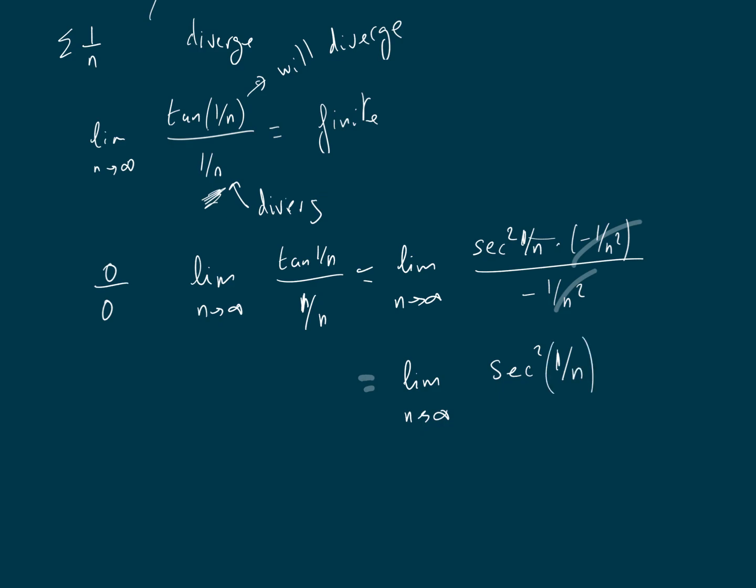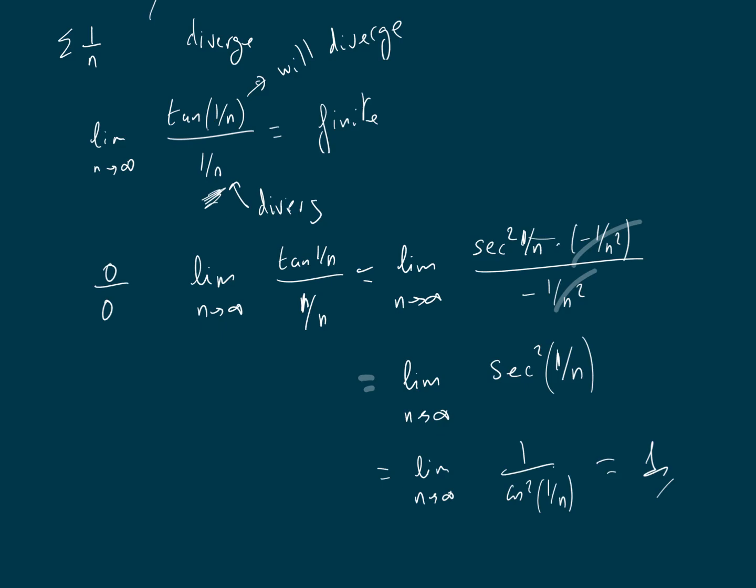It will be the limit when n goes to infinity of secant squared of 1 divided by n, or the limit of 1 divided by cosine squared of 1 divided by n. When n goes to infinity, 1 divided by n goes to 0. Cosine of 0 is 1, so this limit is 1. Because this limit is 1 and is a finite number, and the series 1 divided by n diverges, this one diverges.